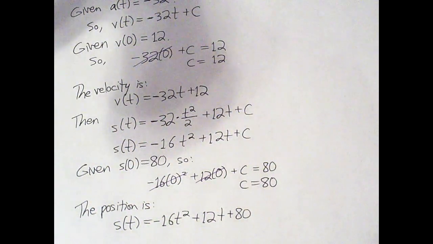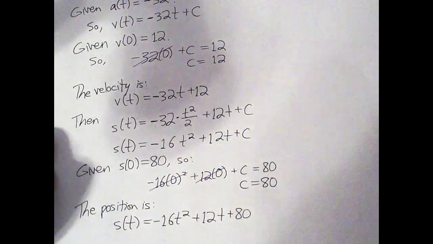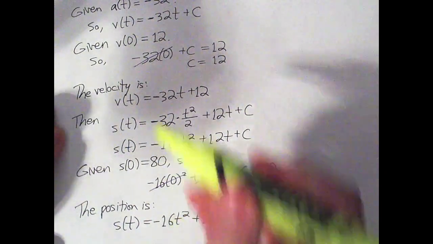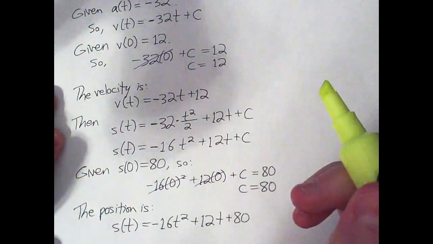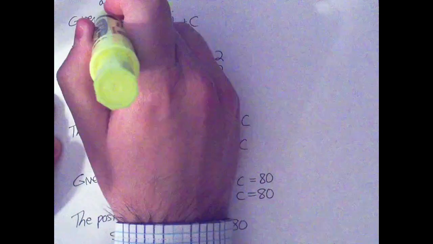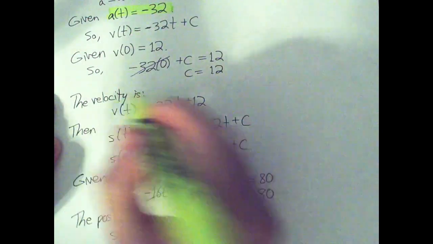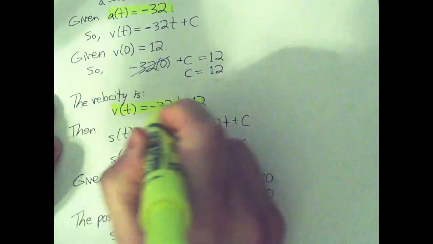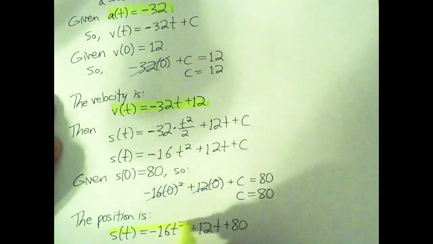I'm going to do this with an actual highlighter. Up here we have the acceleration function. Over here we have the velocity function. And over here we have the position function.